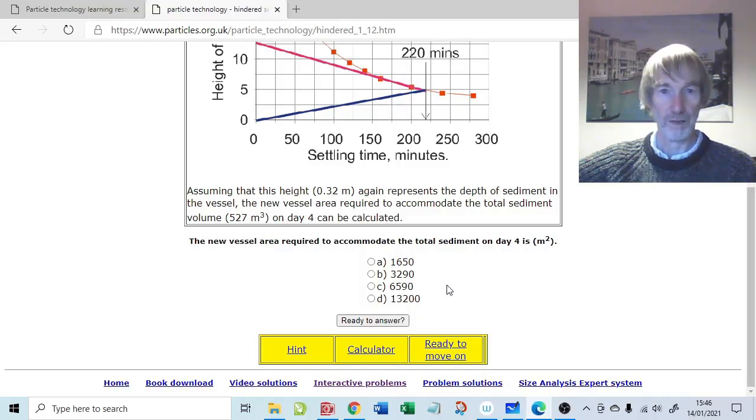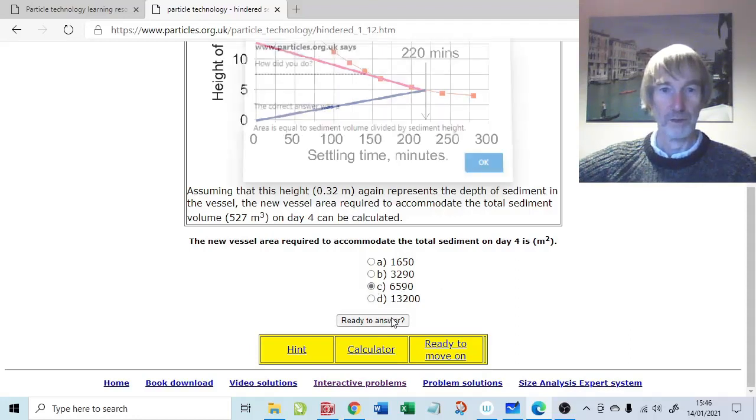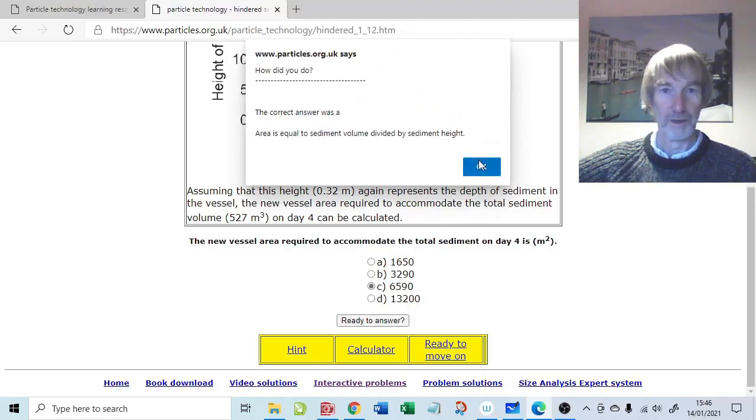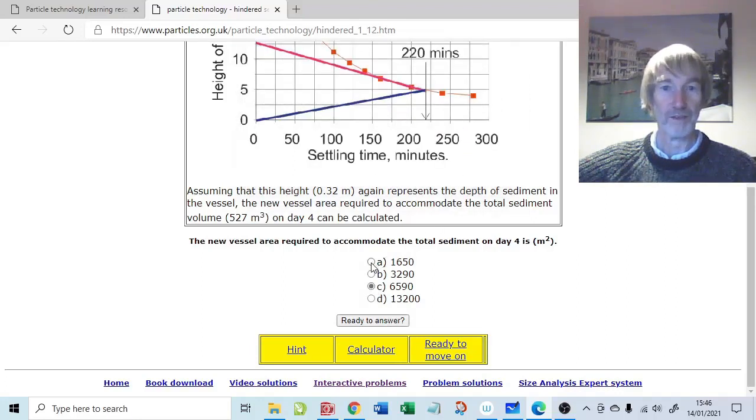So what's the area times by, so which one of these times by 0.32 gives us 527. Quite honestly, I don't know, and I'm going to take the easy solution. The correct answer was A. We've brought the area down to 1650.